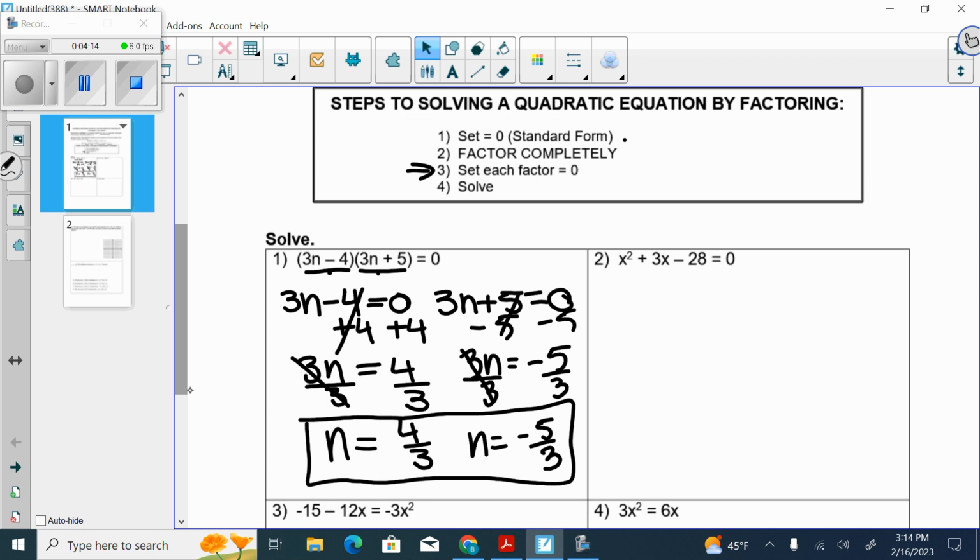Does this one have a GCF? No GCF. So then we look for sum and product. What's the sum here? 3. And what's the product? Negative 28. So what's something that multiplies to give us negative 28?